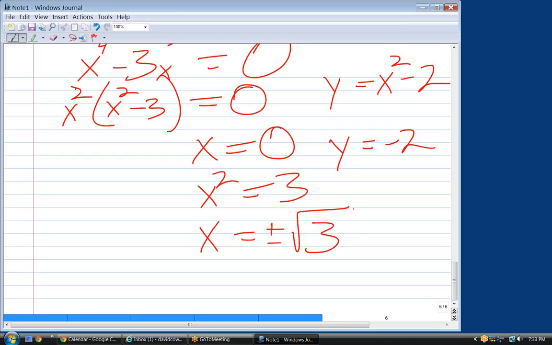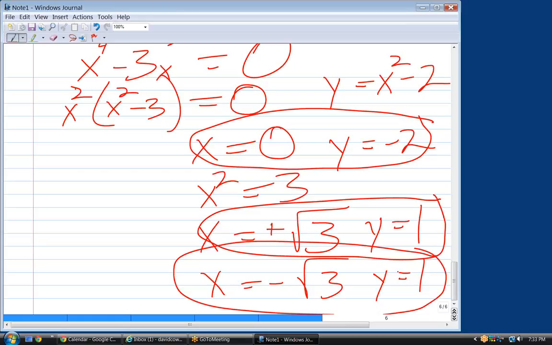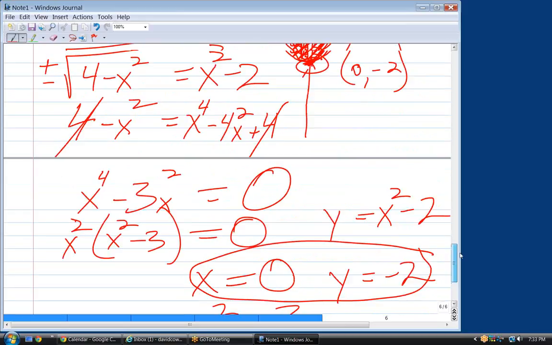When x is plus square root of 3, y equals 1. Now when x is minus root of 3, y is also 1. So there are your x and y values for all 3 intersection points.